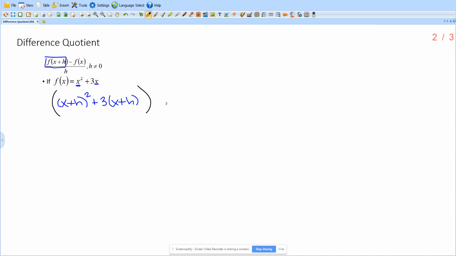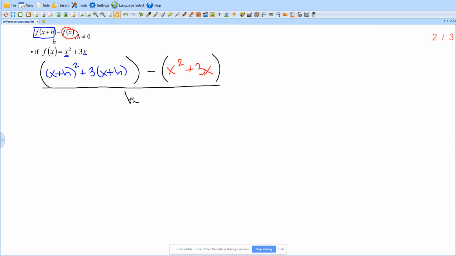Now I still need to subtract, and what I need to subtract is the original function. So I'm going to subtract x squared plus 3x. And this is again all over h in this case. Now remember, my goal here is to get rid of the h in the denominator. So I'm going to have to simplify this as far as I can to eliminate this h in the denominator.